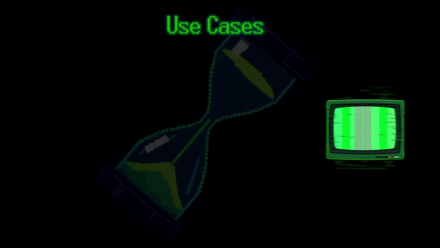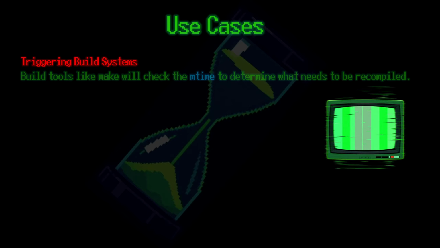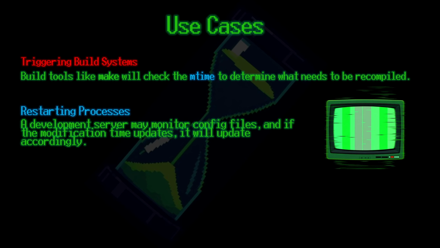There are a few use cases for why we would want this. Number one is that it's good for triggering build systems. Build tools like make will check the modification time to determine what needs to be recompiled. Another use case would be restarting processes.